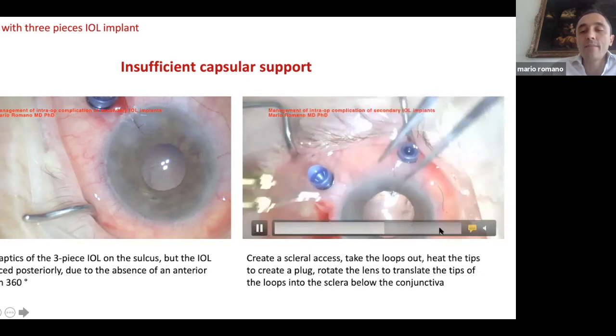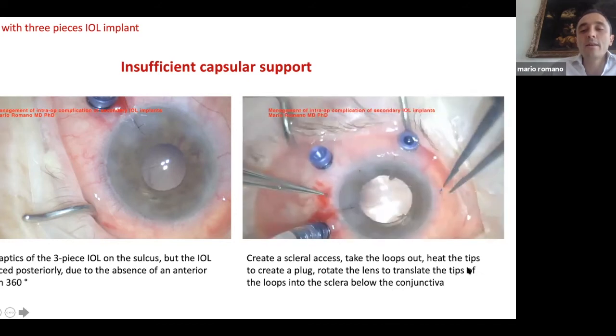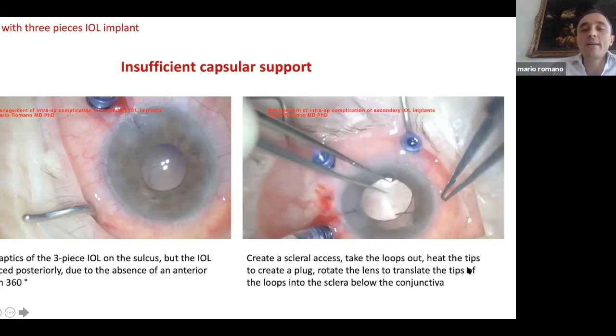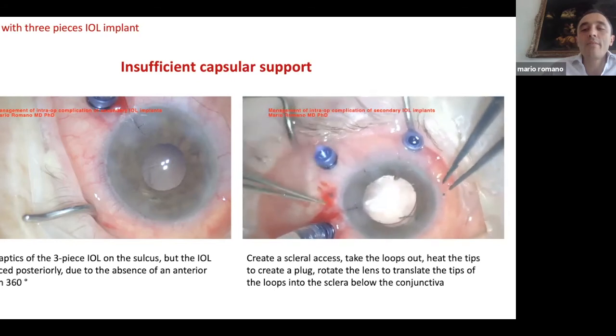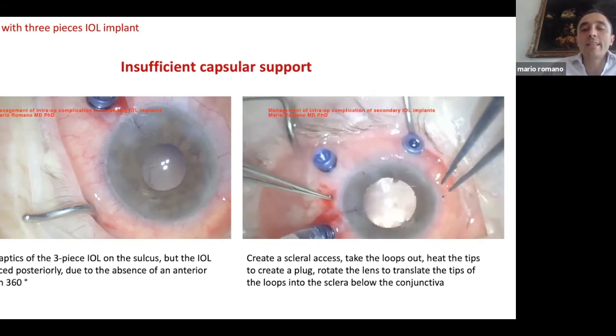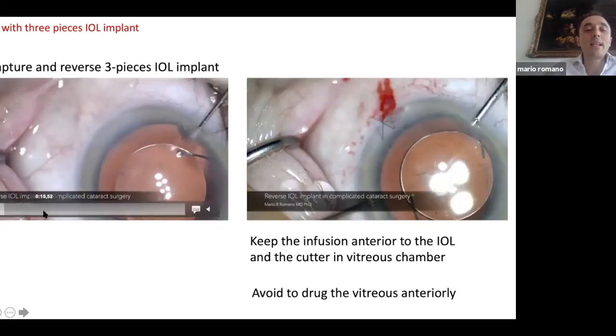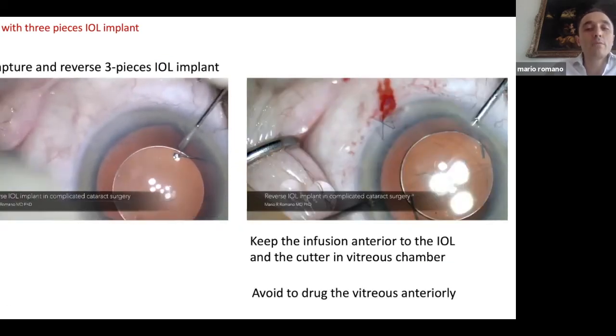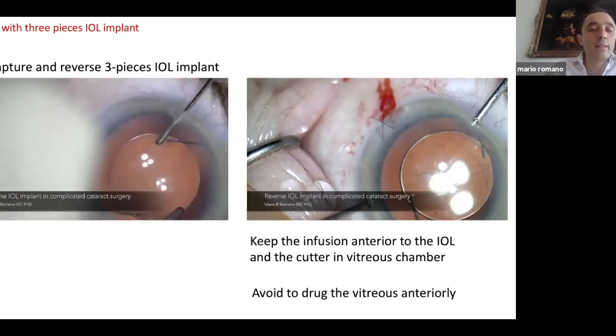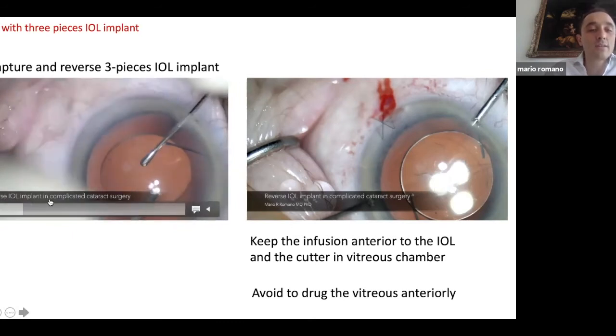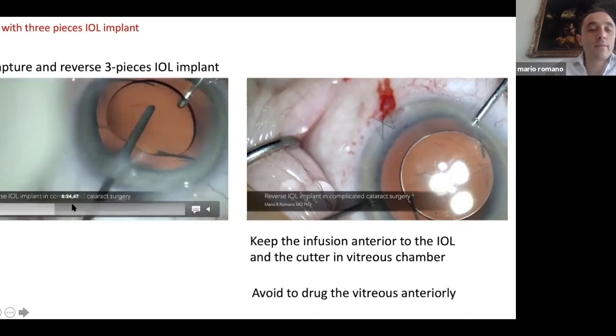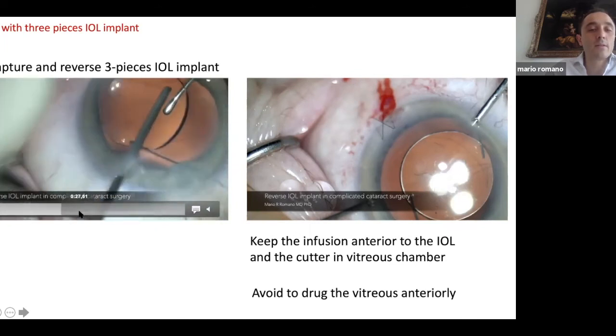At the end, you can see that it was placed and the tips were under the flap and inside the sclera. If you see here, the lens was implanted all the way around, so upside down, so we had to reverse the IOL, as you are seeing here.